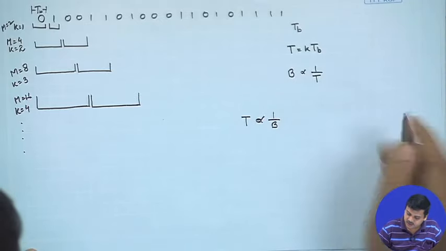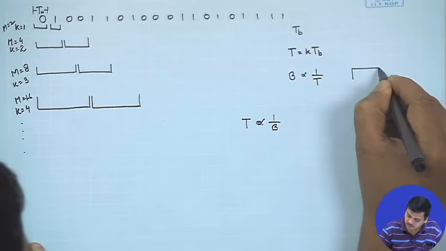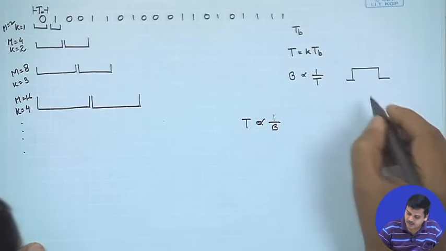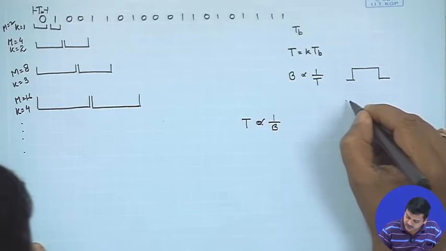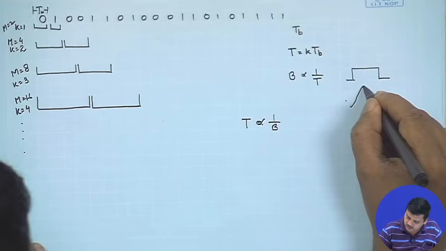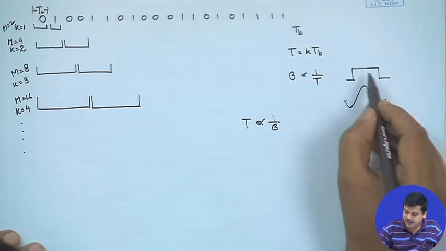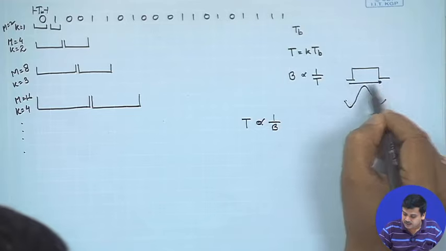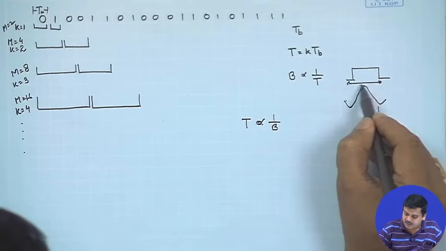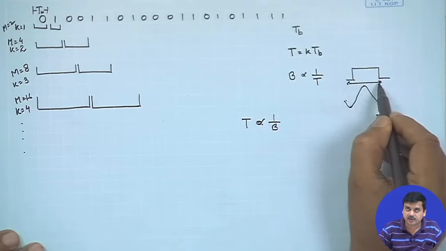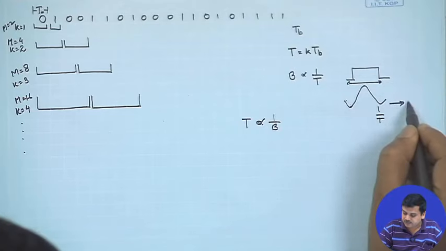Just a quick description: if my pulse is rectangular, then the bandwidth or the spectrum would be sinc in nature. And as I increase T, this is 1 by T, this will shrink, this is the f axis.